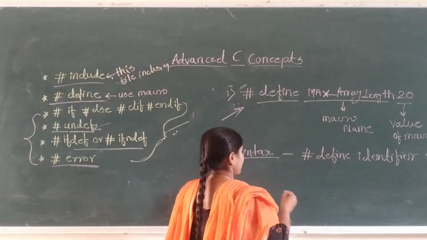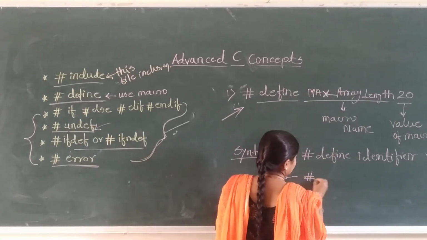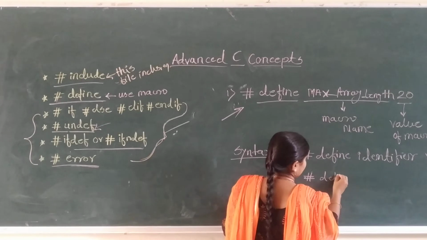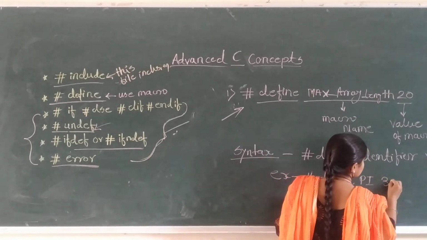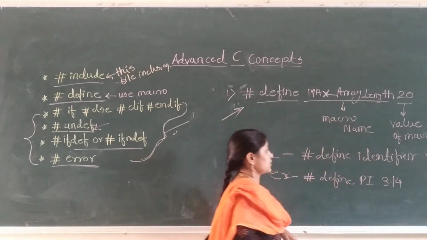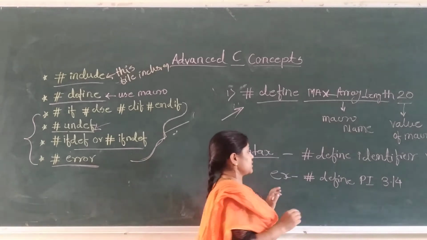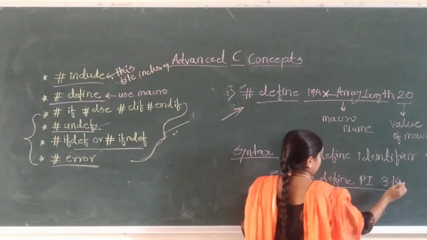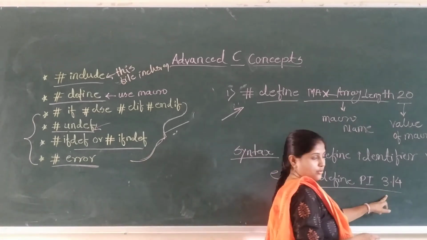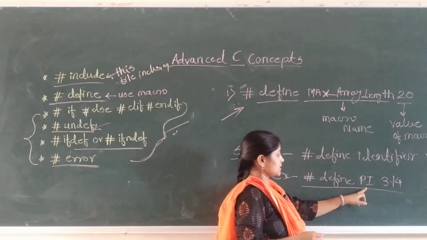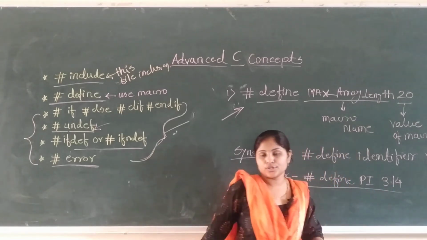Suppose, for example, hash define PI and the value is 3.14. This is one type of macro substitution. The example of this macro is hash define PI 3.14. Here the macro is PI and its value is 3.14.